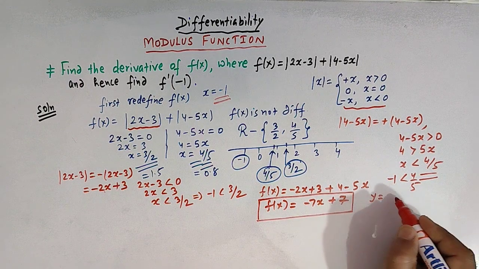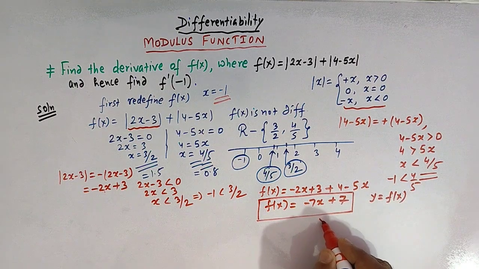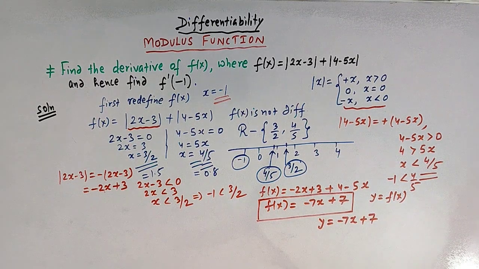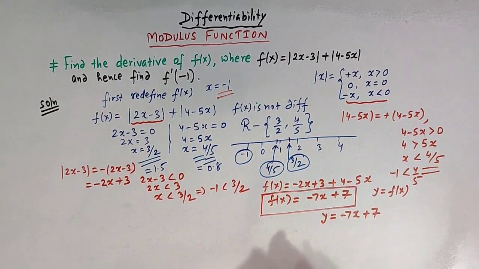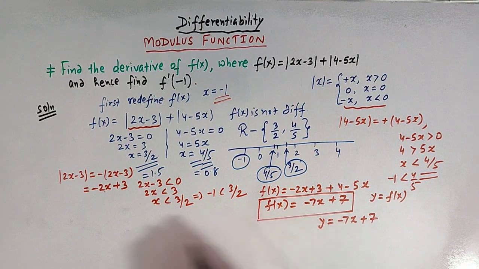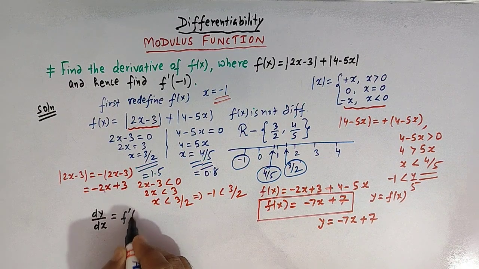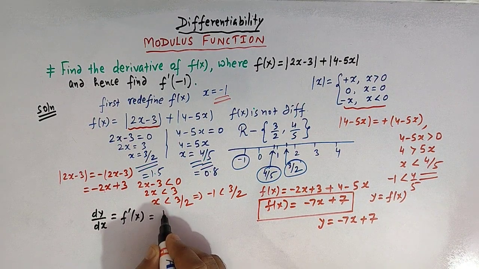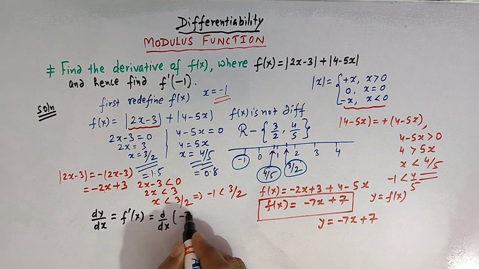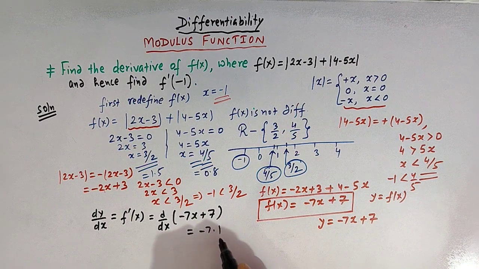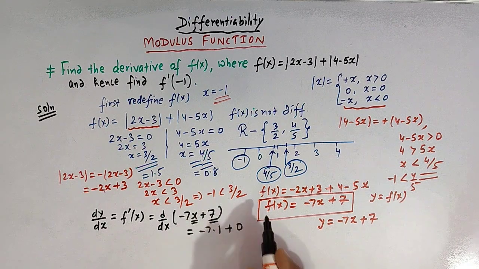Now if we take the function as y = f(x), then y = -7x + 7. Let us differentiate y with respect to x. So dy/dx, which is f'(x), is d/dx of (-7x + 7). That is -7 times 1, because the derivative of x is 1, and 0, because 7 is a constant and the derivative of 7 is 0.